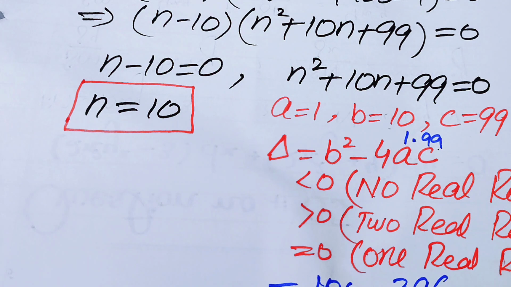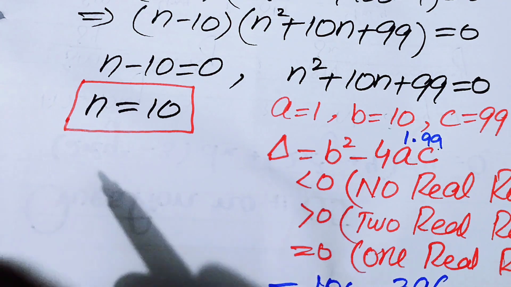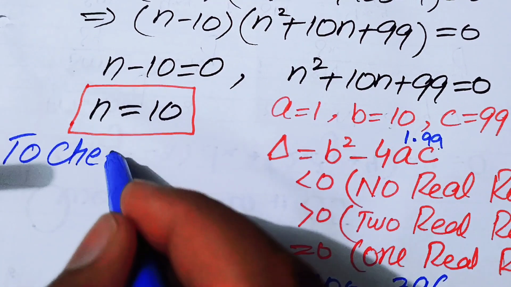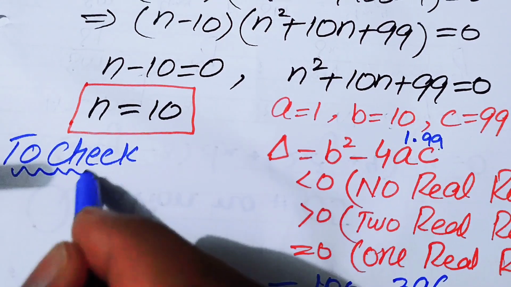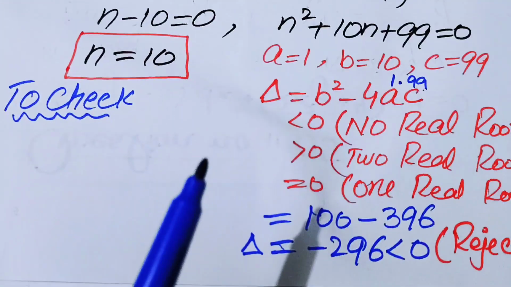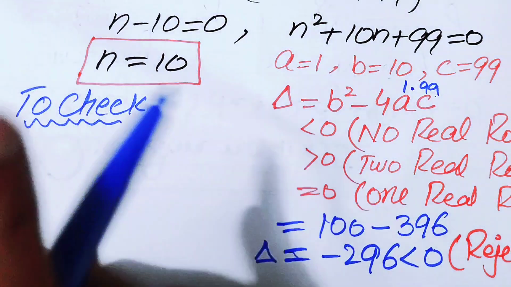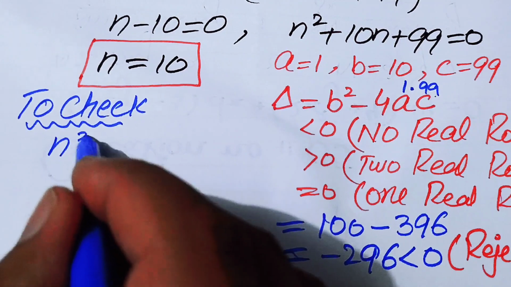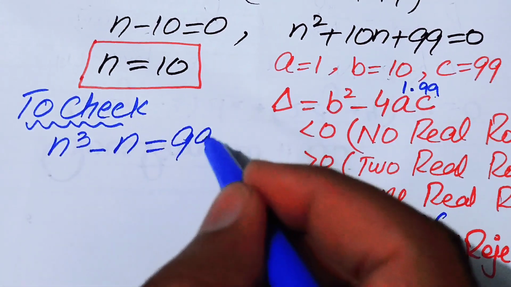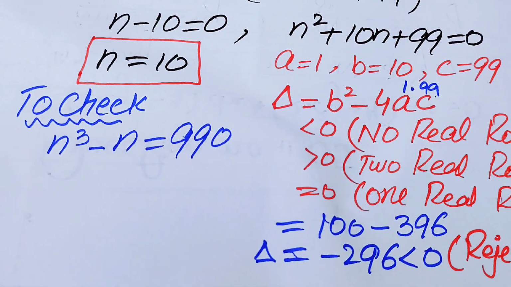Now we can check whether this value of n satisfies the given question or not. The given equation is n cubed minus n is equal to 990.